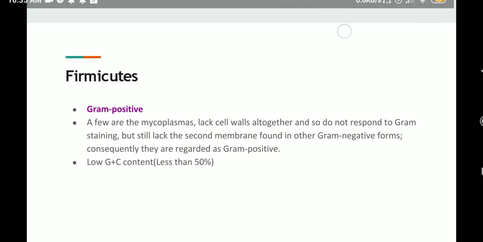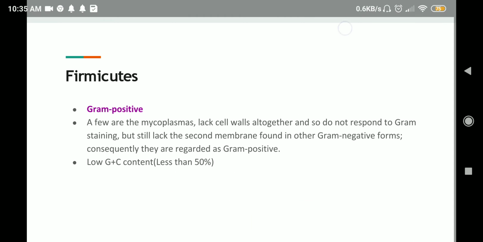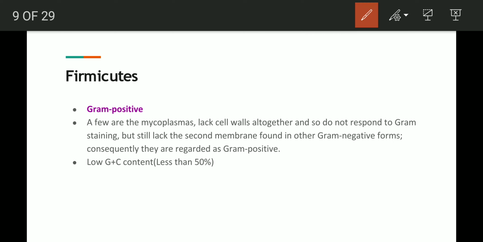The next phylum of bacteria which is industrially used is Firmicutes. Unlike the Acetobacter and Gluconobacter, these bacteria are gram positive.